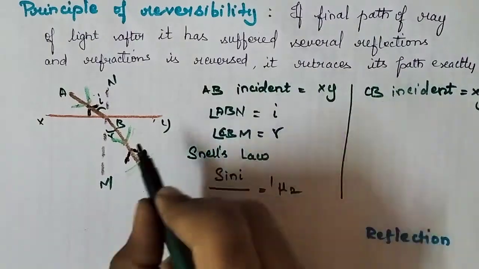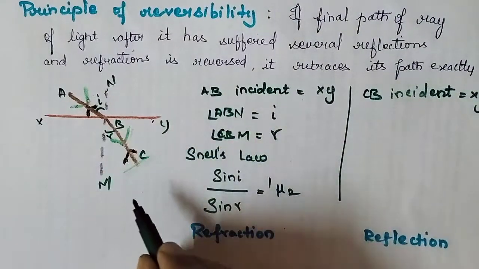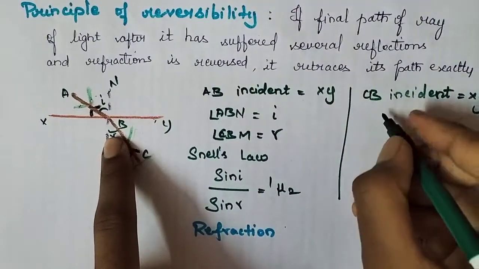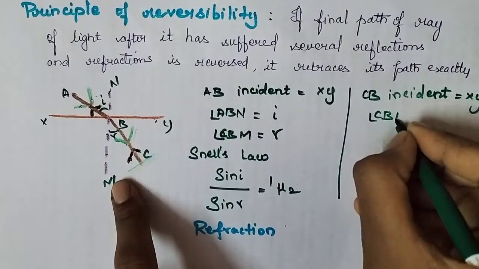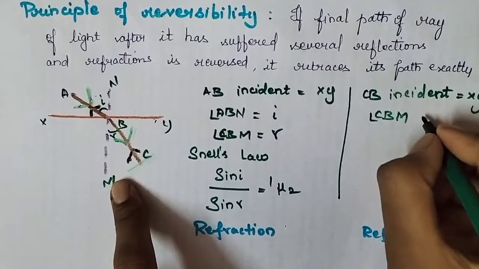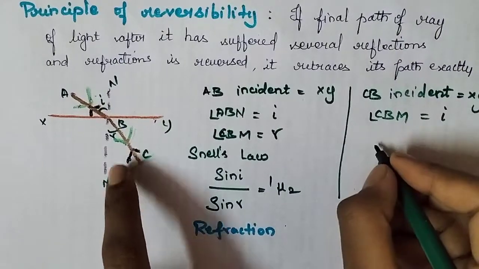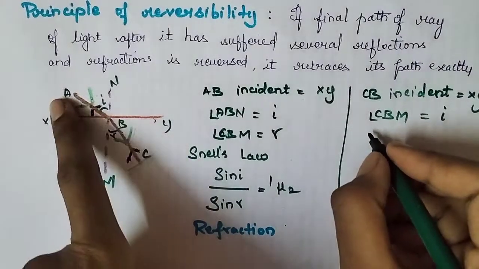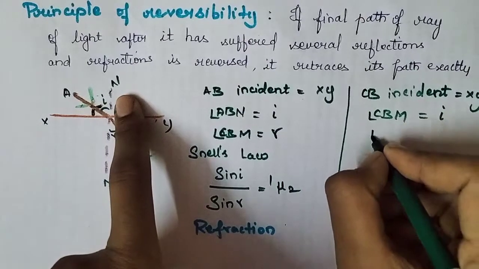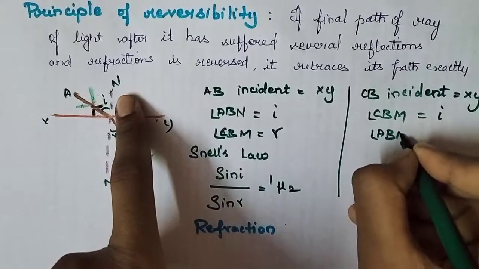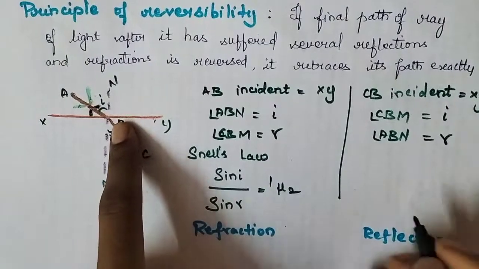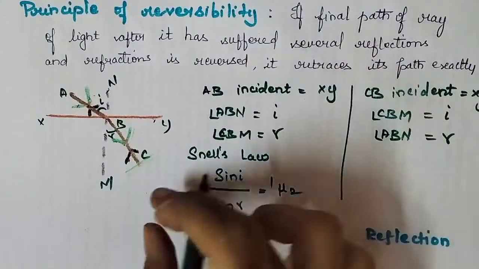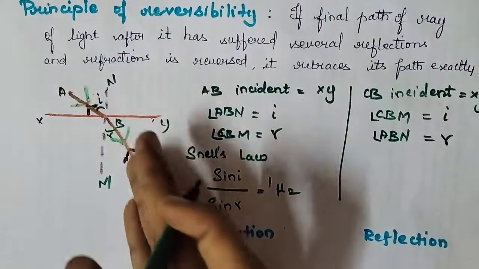Okay, CB is incident to the XY. Then R acts as CBM. CBM acts as the incident ray, and then ABN acts as the refracted ray. Refracted ray, it's changing its speed.